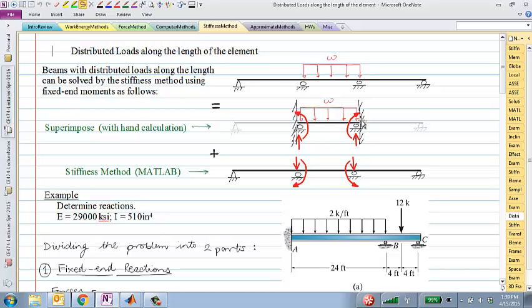So how do we take advantage of this for our stiffness method? Let's talk a little bit about that. The idea is that we'll break this original problem into two parts. One where we fix the span, so essentially anything outside the span is inactive.